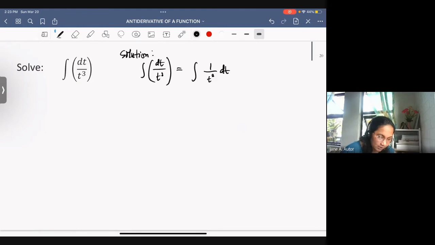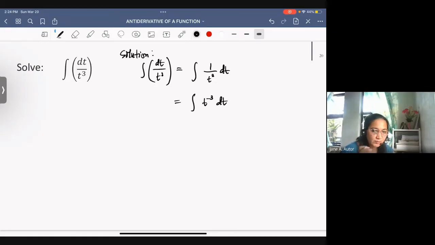Okay? So, next is, as you can see in our table of integrals, we don't have a particular rule for a fraction whose exponent for the denominator is 3. So, what we're going to do here is apply the law of exponents. We will write this as the integral of t raised to negative 3 dt.